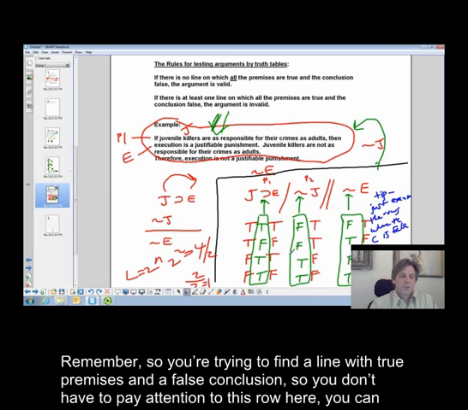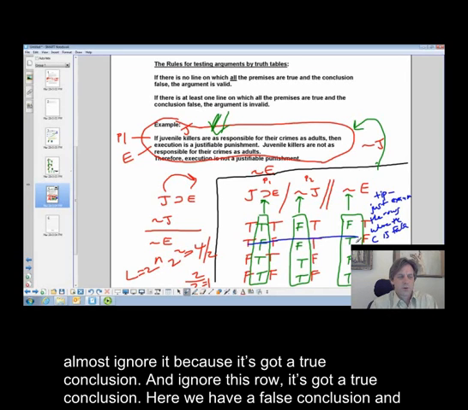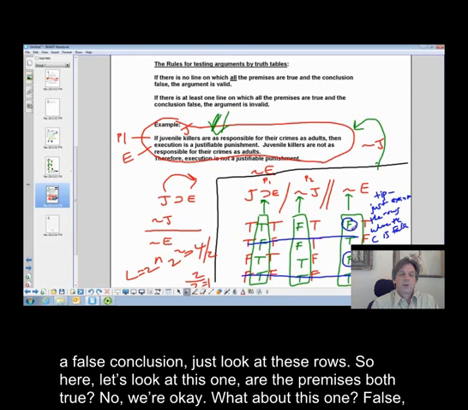Remember, you're trying to find a line with true premises and a false conclusion. So you don't have to pay attention to this row here. You can almost ignore it because it's got a true conclusion. And ignore this row, it's got a true conclusion. Here we have false conclusions. Just look at these rows.